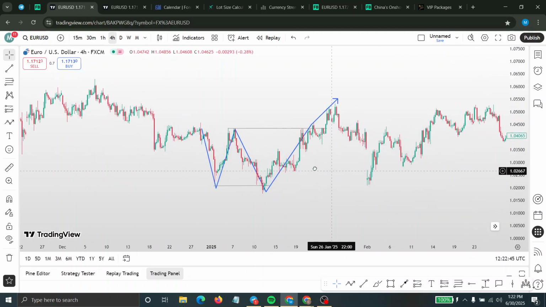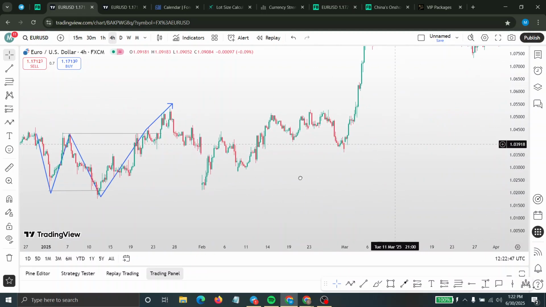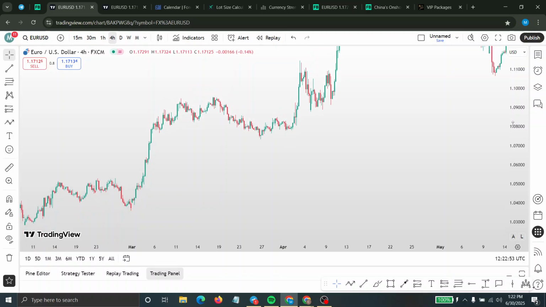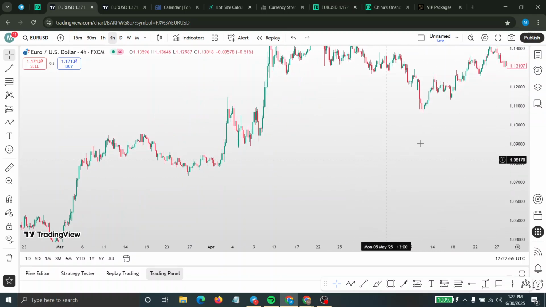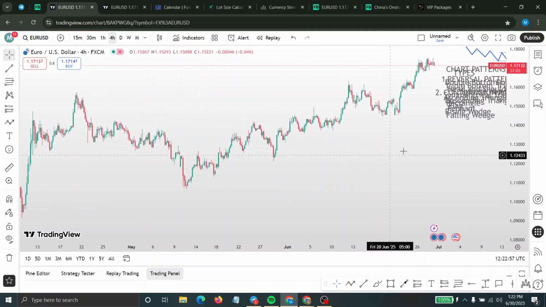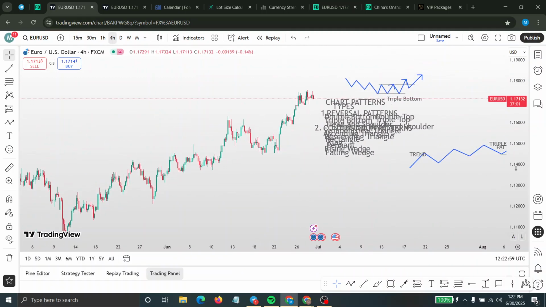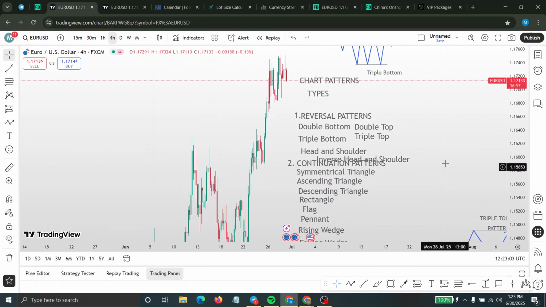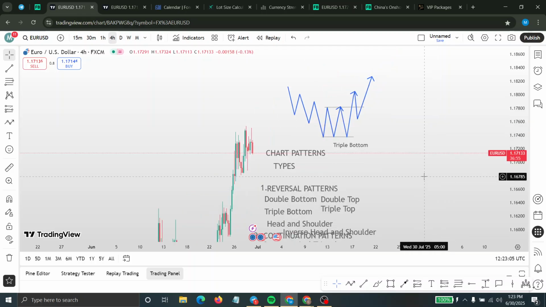So we've treated various examples, and I can see we are now familiar with how a triple bottom and also a triple top forms. And now let's look at the one for today.